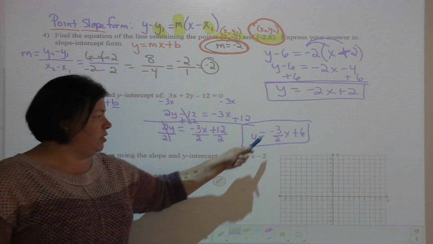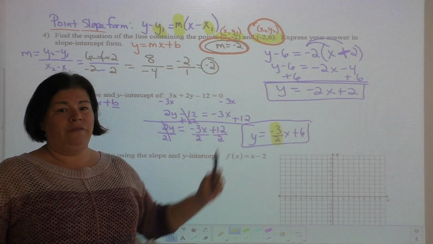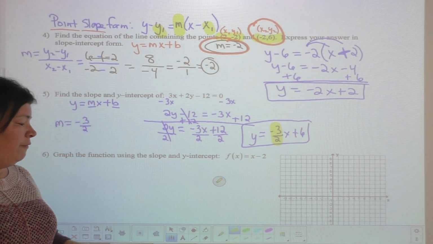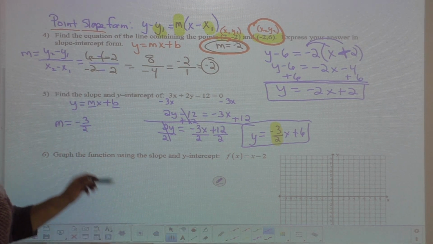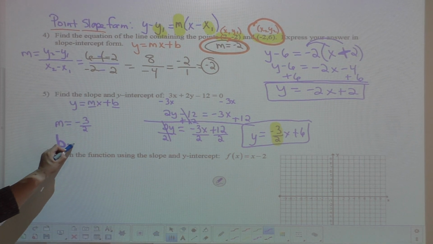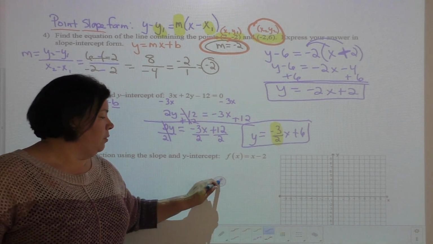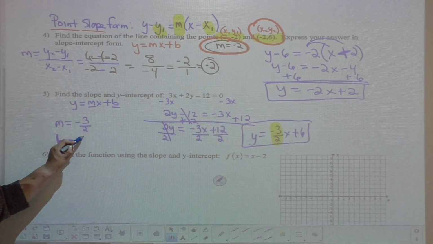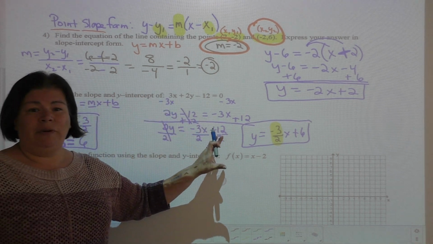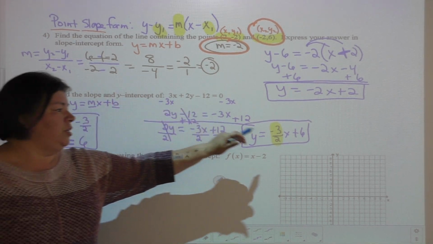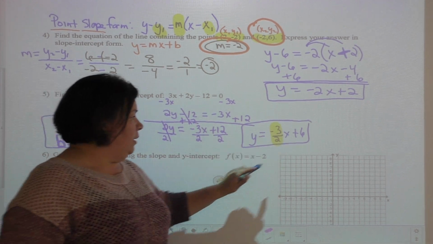Our slope is always the coefficient in front of the variable x, never includes x. A lot of people get that wrong sometimes. And then our y-intercept, which is our b value, is equal to +6. And so we answered the question, putting it in slope-intercept form first and answering the question from the values we've calculated over here.